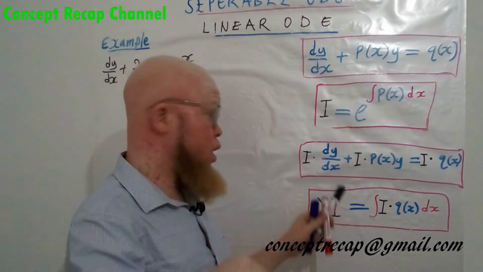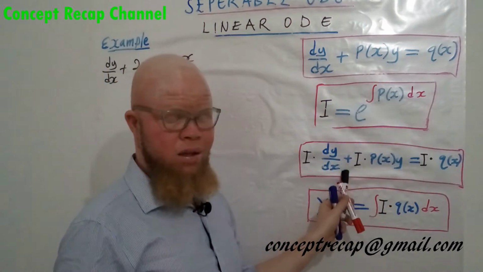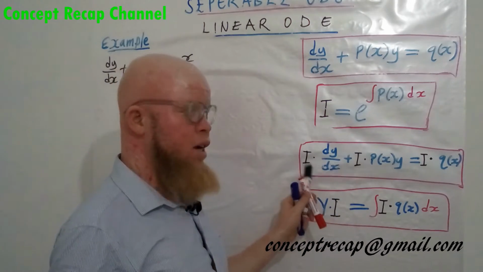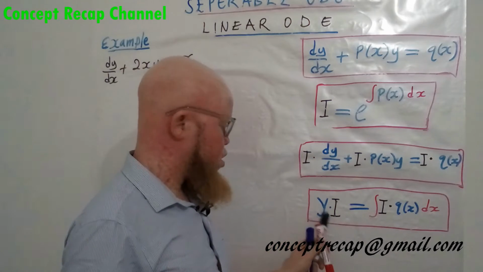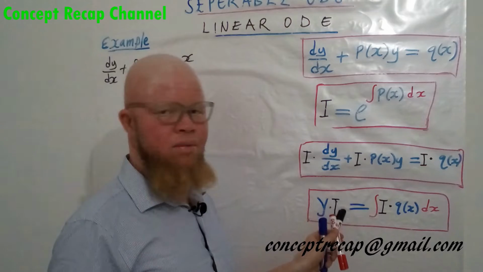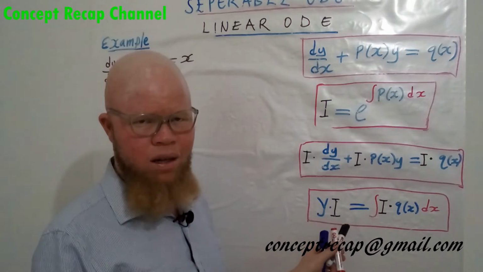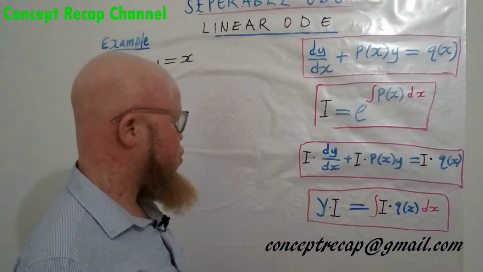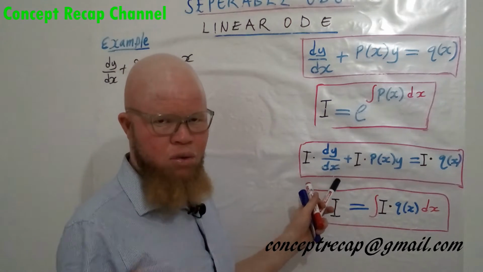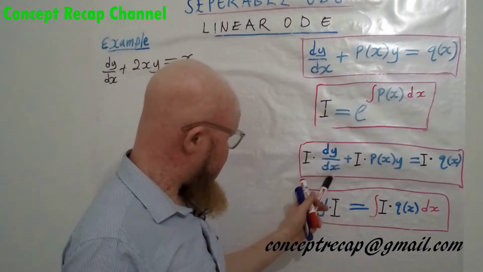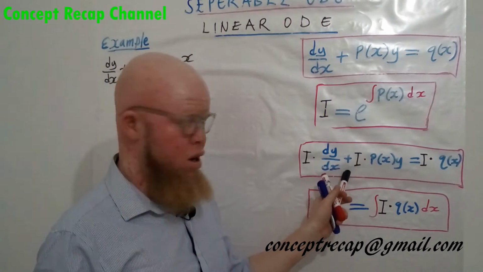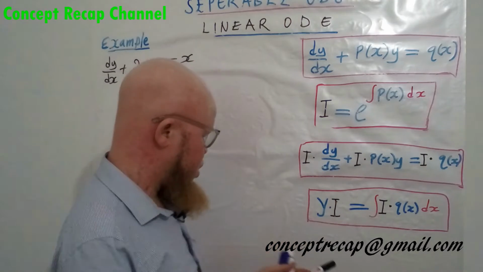If you integrate both sides, the left hand side becomes y times I, meaning y times the integrating factor. Where is this coming from? This is coming from differentiation using the product rule. If you look at this, it looks like a product rule, if you remember from calculus.